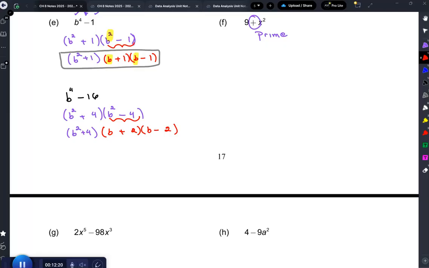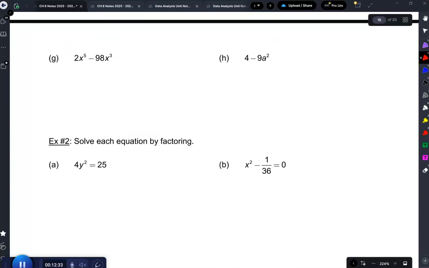All right. Let's do another one. Ooh, what do I do for this one? These are not perfect squares, but what's happening here? A lot is happening. What can I factor out of this? 2x. Definitely a 2.